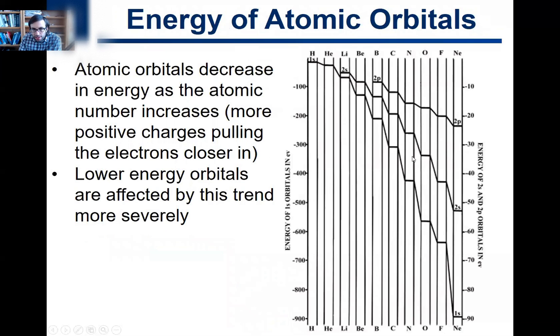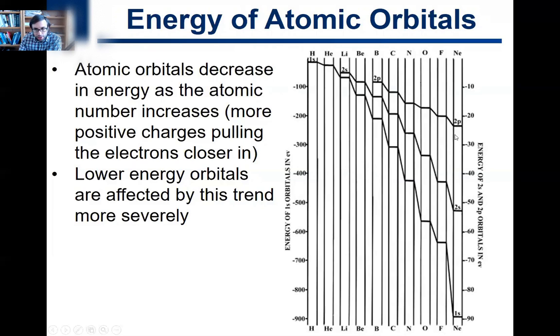And so what you can see, right, is for reasons we talked about in an earlier video, when you have more protons, higher atomic number, the energy of the atomic orbitals will decrease, becoming increasingly stabilized.